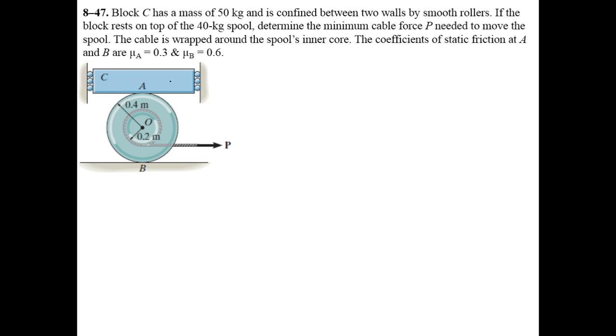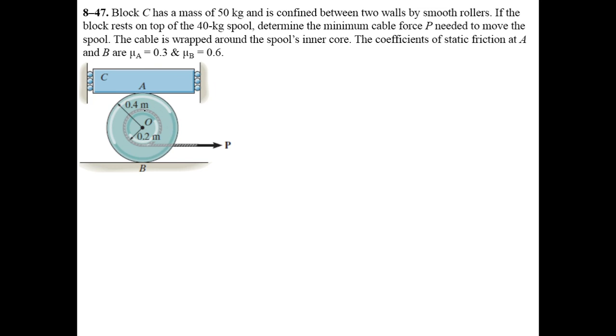So we have at least one equilibrium equation available for this block C. In fact, you have two equilibrium equations: summation Fx equal to 0, summation Fy equal to 0 for block C, and you have three equilibrium equations available for this spool.